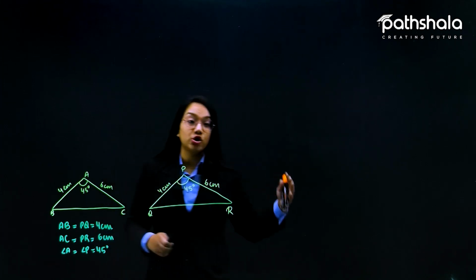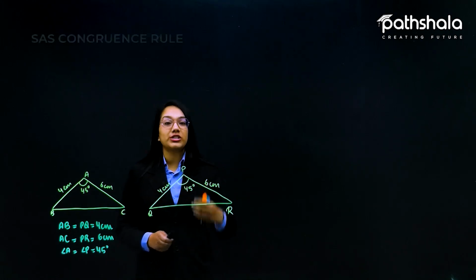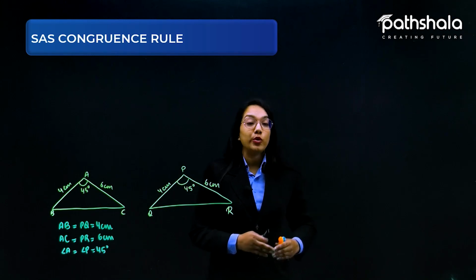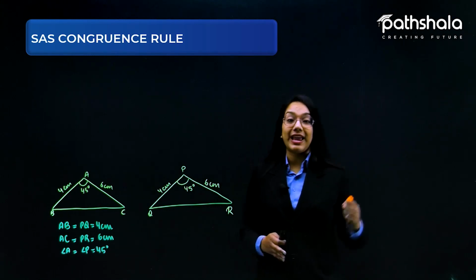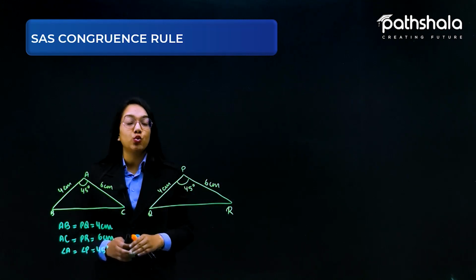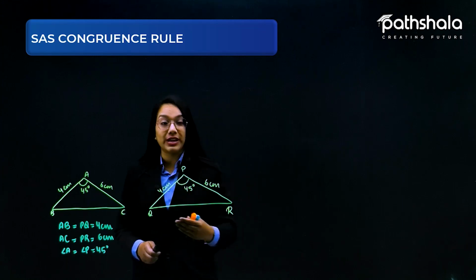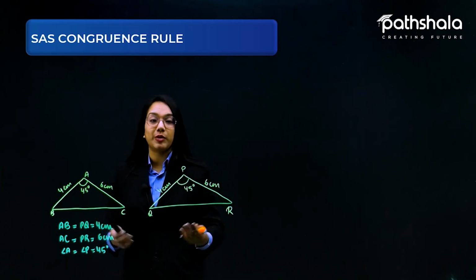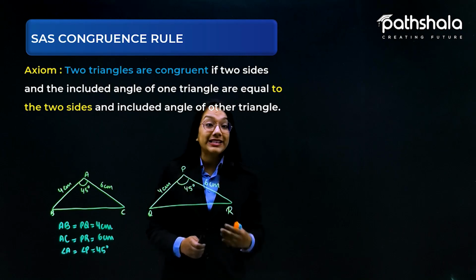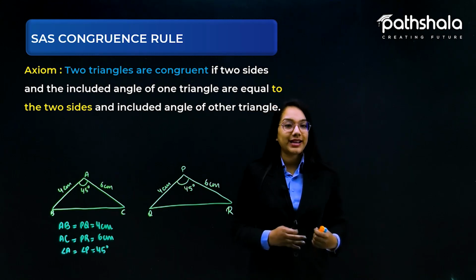This leads us to the very first criteria of congruence of triangles, called the SAS congruence rule, side angle side. This rule is accepted as an axiom, so we will not prove it.